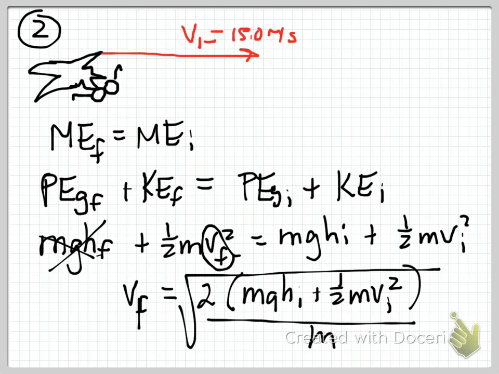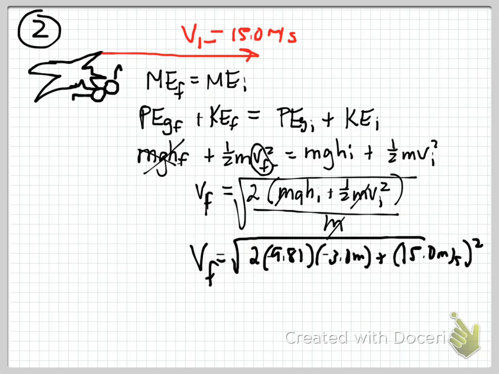The place that people made an algebra mistake was they took this 2 and wiped out the half, but then they forgot to multiply this part by 2. That was a really common algebra error. That's just a klutzy thing, it happens, so I tend to just leave it. And you can then get rid of all the masses, so you don't even need the mass.